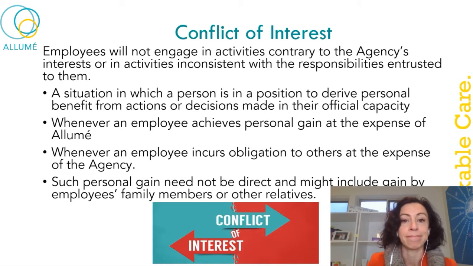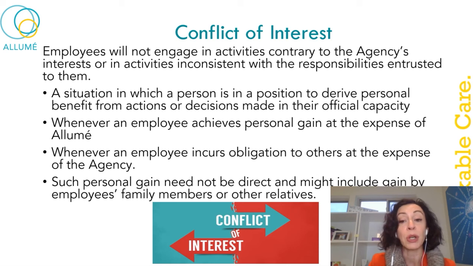Employees will not engage in activities contrary to the agency's interest or inconsistent with the responsibilities you have as a nurse, caregiver, accountant, bookkeeper, or whatever your role is. A situation in which a person is in a position to derive personal benefit from actions or decisions made in their official capacity is a conflict of interest.